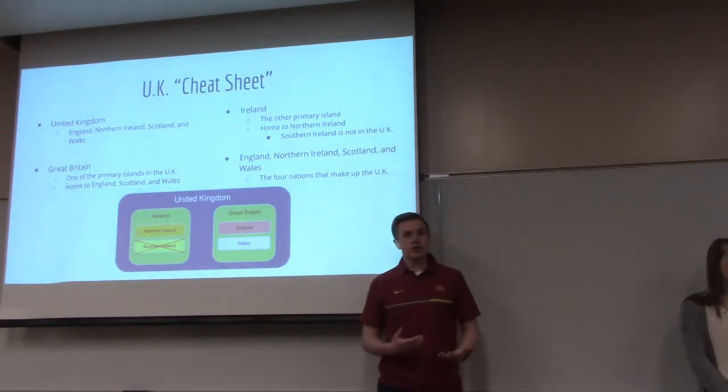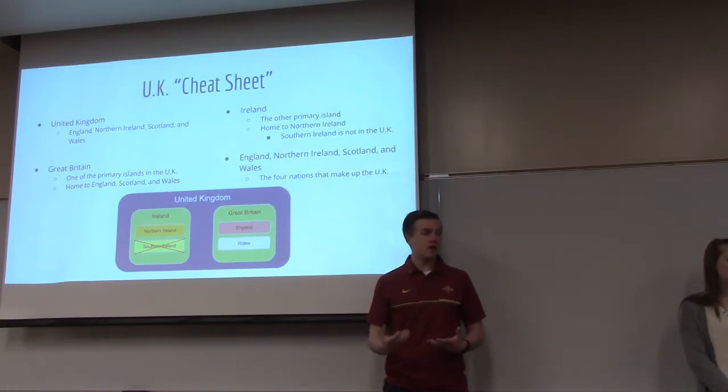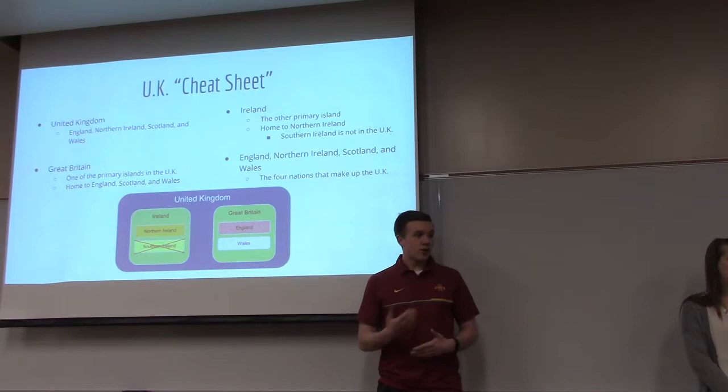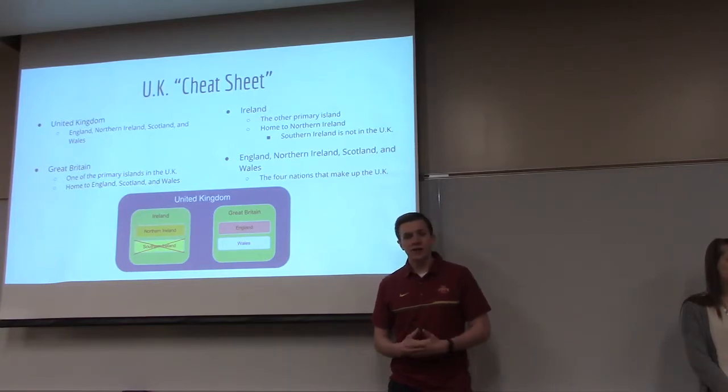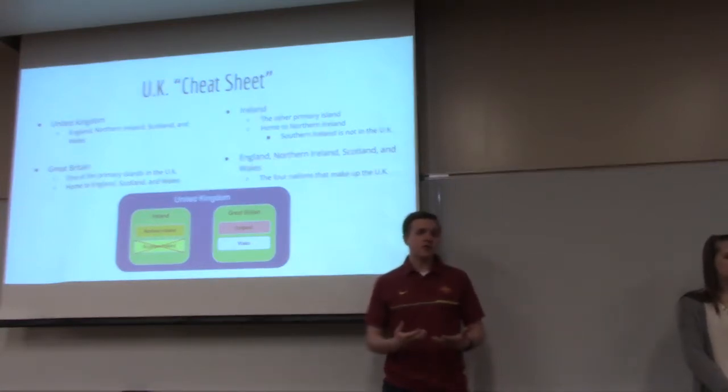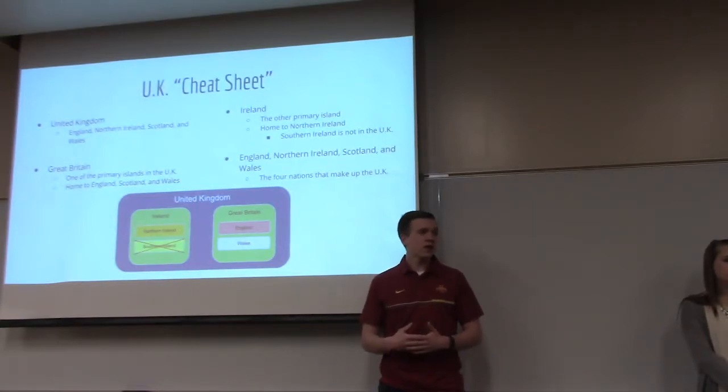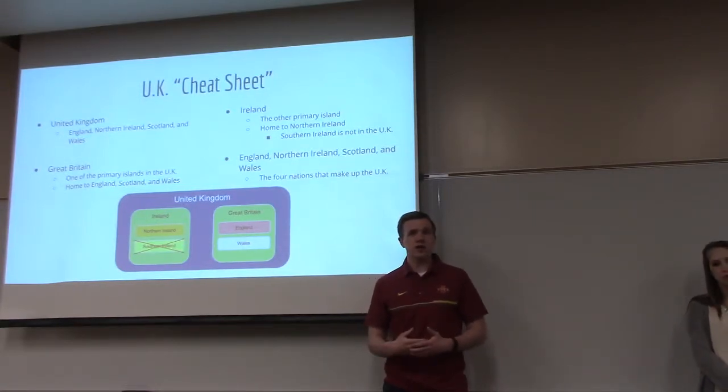So just as a cheat sheet, the different terms and their definitions are: the United Kingdom consists of England, Northern Ireland, Scotland, and Wales. Great Britain is one of the 2 primary islands. Ireland is the other primary island, but it's important to differentiate that Northern Ireland and Southern Ireland are separate. Northern Ireland is a part of the United Kingdom, Southern Ireland is not.